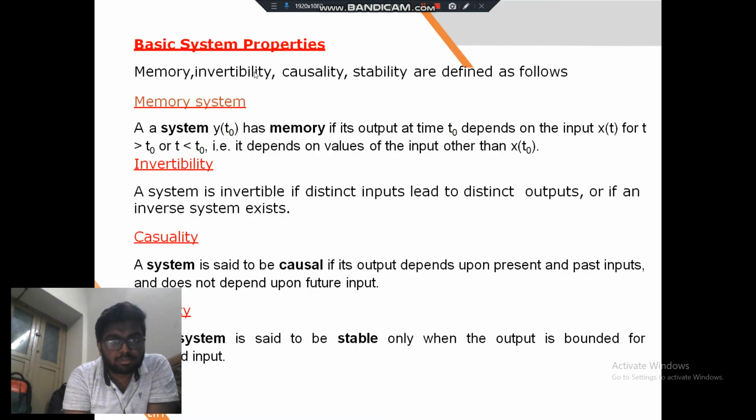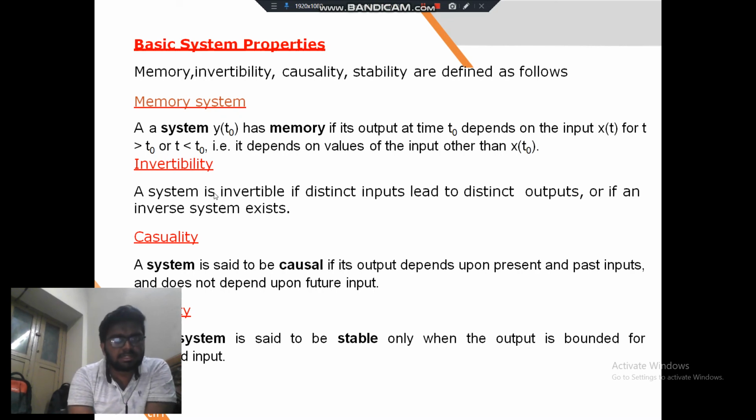Before discussing all those, let us take a quick look at the definitions of the basic system properties. First of all, what is a memory system? A system is said to be a memory system if its output y of t0 at time t0 depends on the input x of t for t greater than t0 or t less than t0, that is, it depends on values of input other than x of t0.